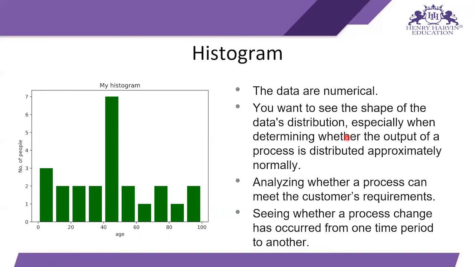You want to see the shape of the data's distribution, especially when determining whether the output of a process is distributed approximately normally. So when we have to see how data is distributed over a range, then we use this histogram.